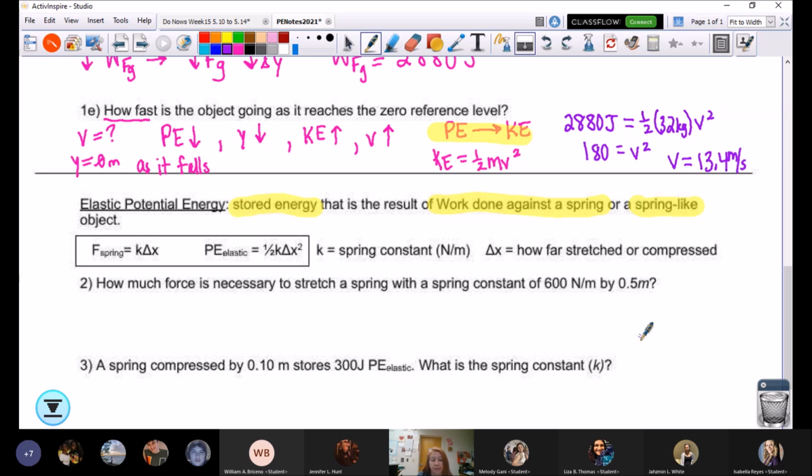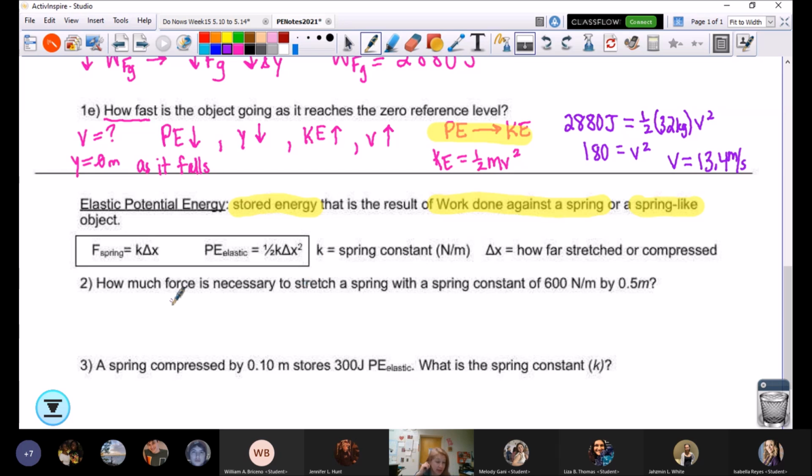If I stretch something that is not technically elastic, like silly putty, it will stay stretched. It will not return to its original form. So it would not fall into this category or follow these elastic rules.